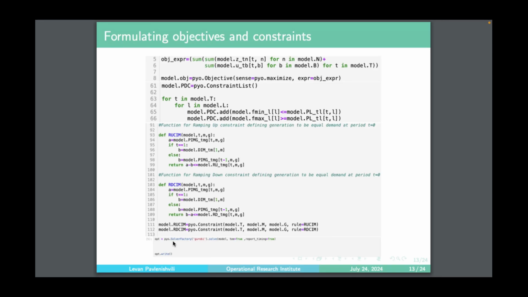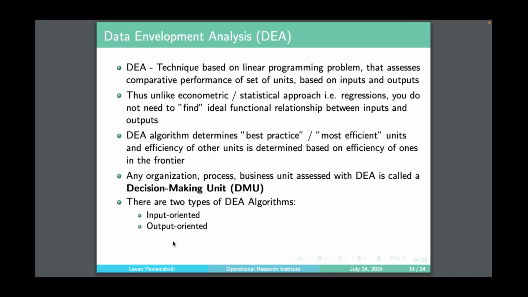Data envelopment analysis is a technique based on linear programming that compares the performance of a set of units based on certain inputs and outputs of those units. In an econometric or statistical approach with a regression, you will probably need to find some ideal functional relationship between inputs and outputs, and then the estimate tells me that if I increase this variable by 10, my output will be, for example, 20.